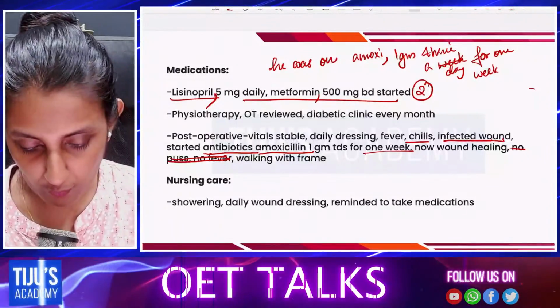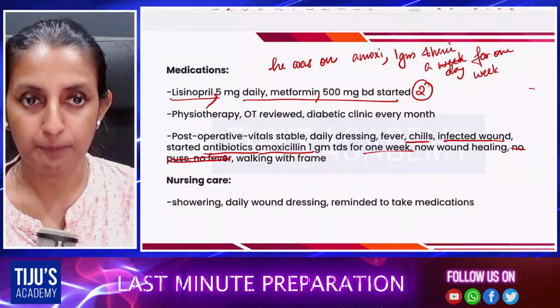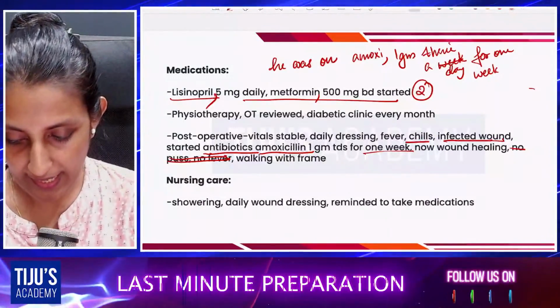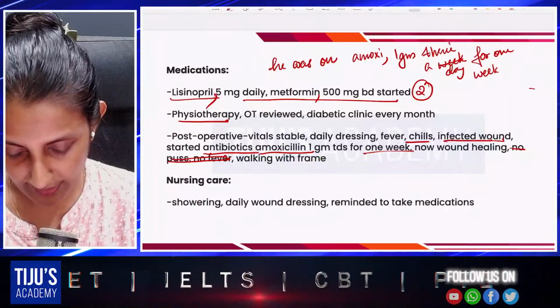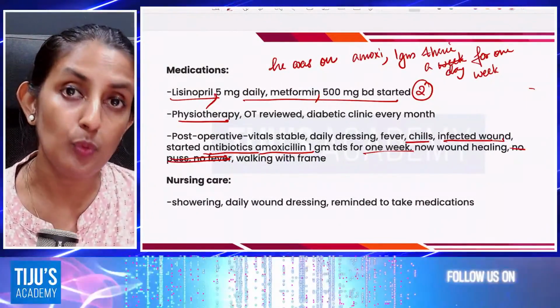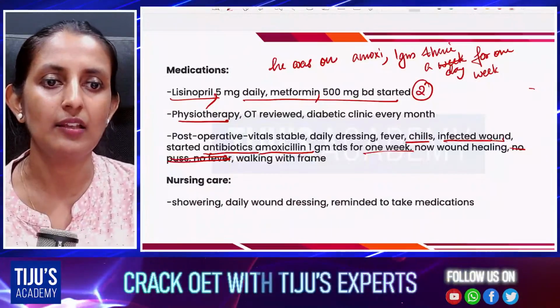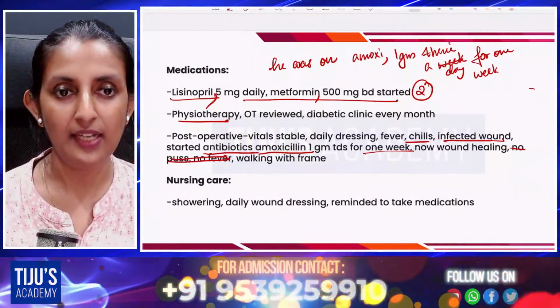നൗ വി നീഡ് ടു ഗോ ഫോർ ദി ഫിസിക്കൽ മാനേജ്മെൻറ്റ്. ഫിസിക്കൽ മാനേജ്മെൻറ്റ് പറയുമ്പോൾ എന്തൊക്കെ പറയാം? സബ്സിക്വൻ്റ്ലി ഹി ഹാഡ് ഫിസിയോതെറാപ്പി and OT reviewed എന്ന് പറഞ്ഞാൽ he already had the review. OT is occupational therapist. So how we can write?